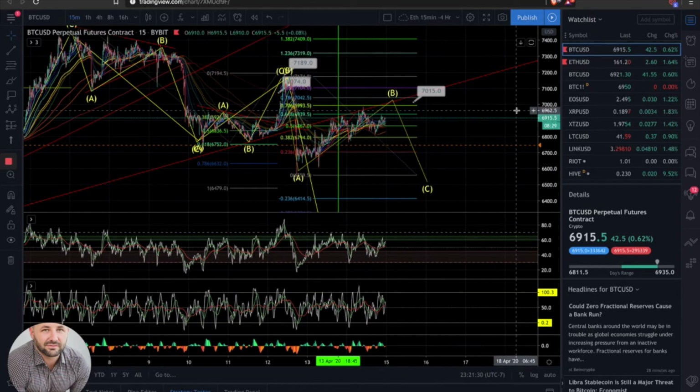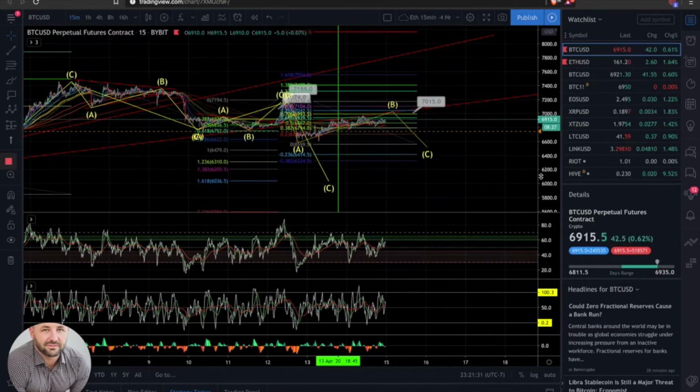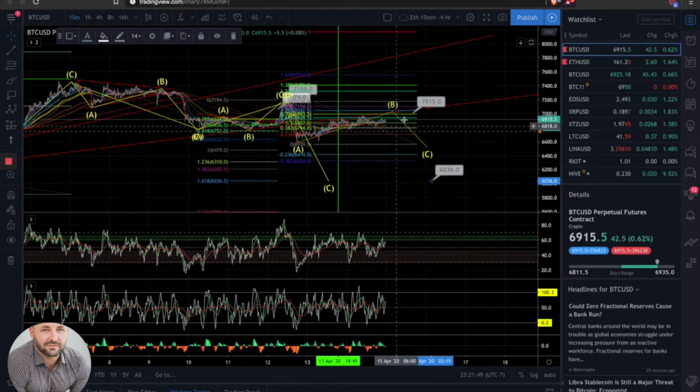But again, like I said before, where we can potentially come down to on the extreme side is the 1.618. It's just a little above 6,000, so we'll call it 6,050 on the extreme side down. Obviously, as that wave plays out, we'll have better targets because we'll be able to count the 5-wave structure down, pull some fib levels, and get a little more precise.